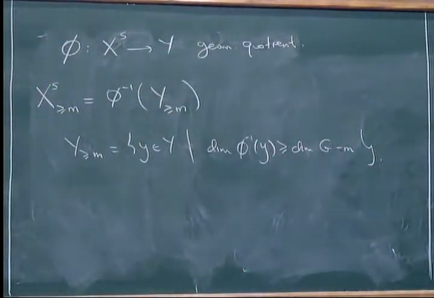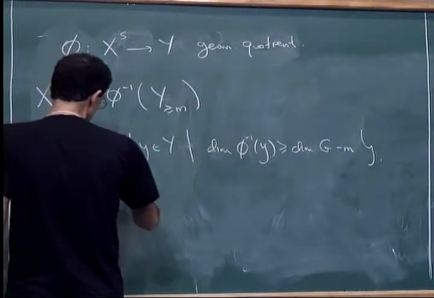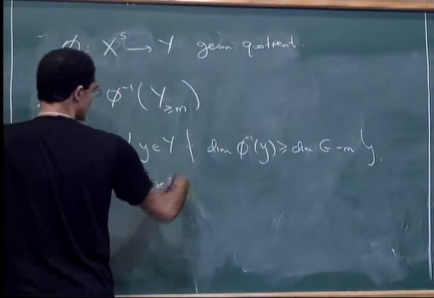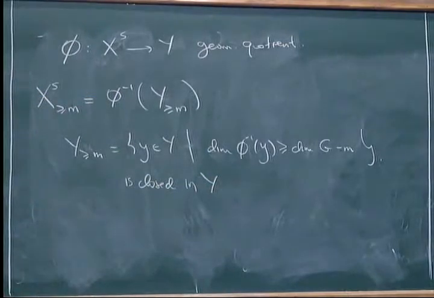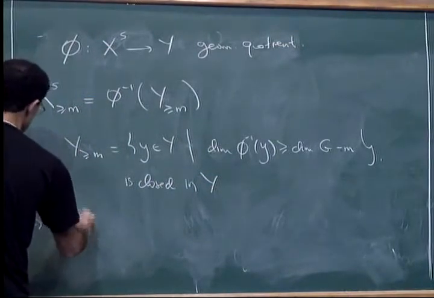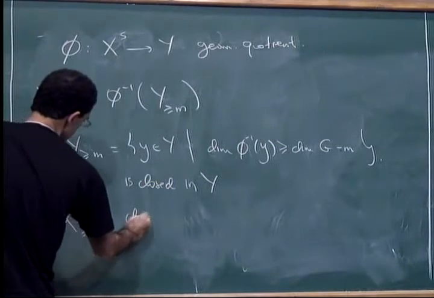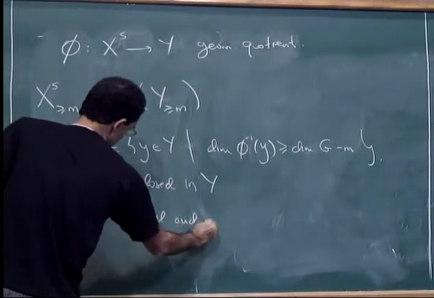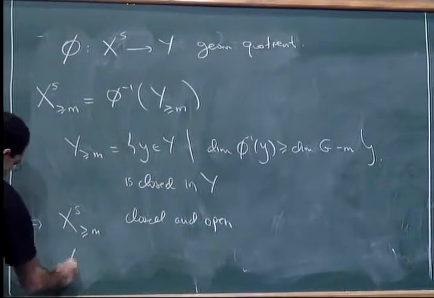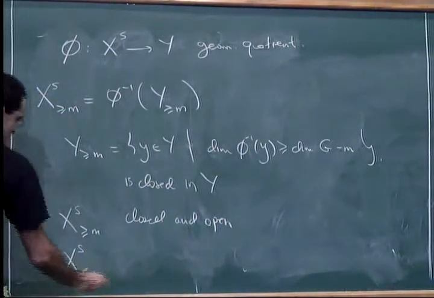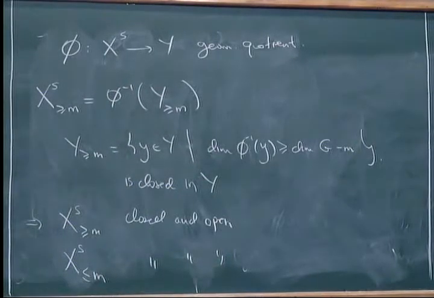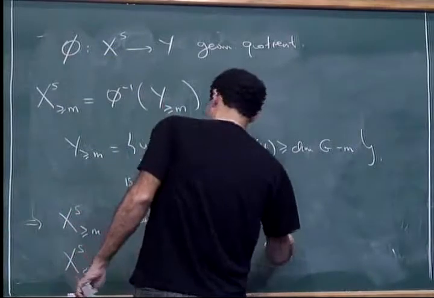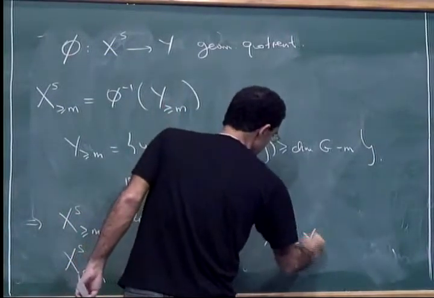Right? Because the fibers are the orbits. So this set here is closed, because I'm asking the dimension to be greater or equal than something. So it's closed in Y. So the inverse image is also closed. So you see that this is both closed and open. And then so is this set here with similar definition, because it's the complement of a set like this. And so the intersection is also closed and open.